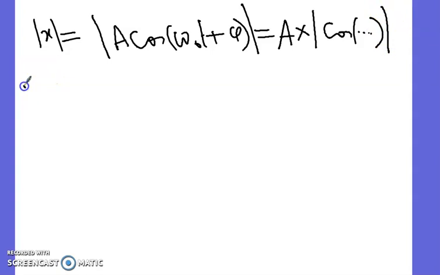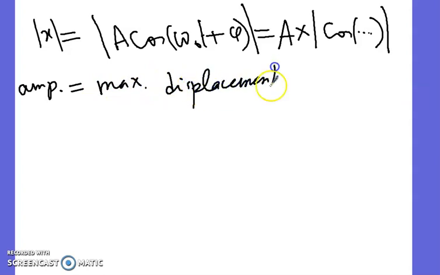Now you know that amplitude, as we defined it in video 1, and you know from last year and the year before, is the maximum displacement from the equilibrium position. It means what? Absolute value of x maximum, which is equal to what?